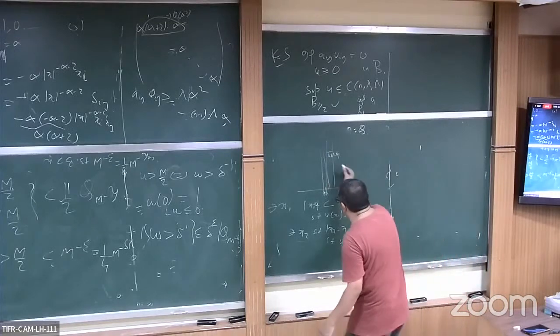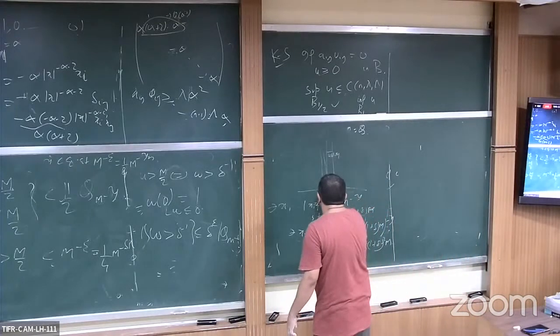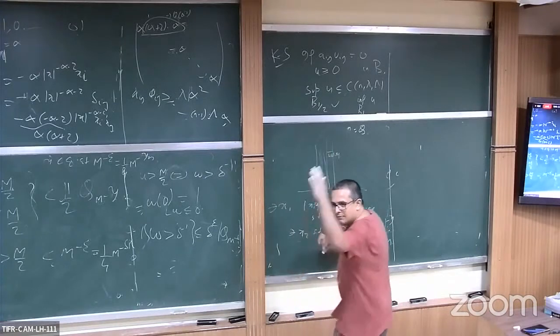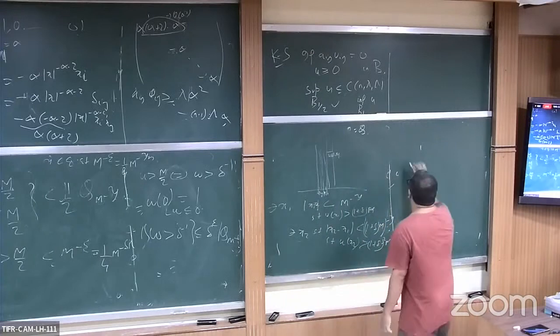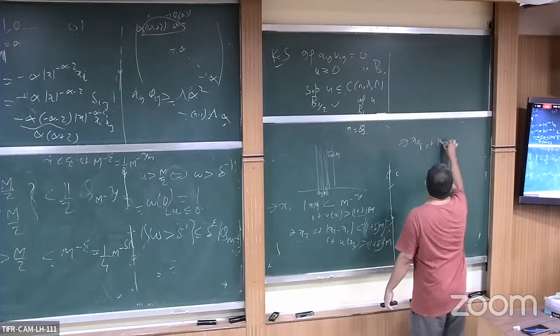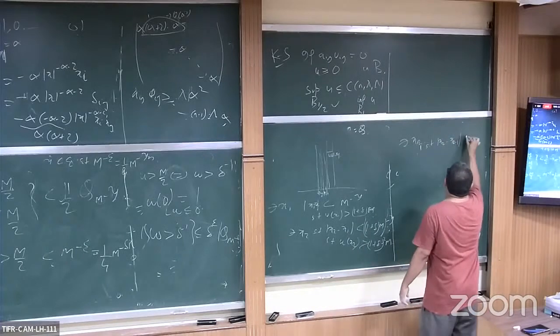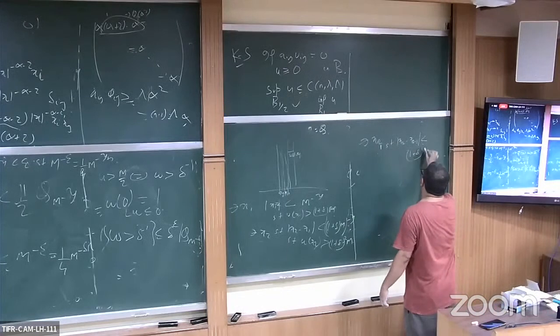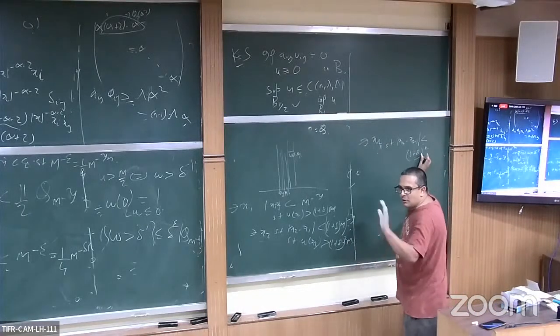Again I go to x2, which is somewhere in this narrow cube over here. Then again I can find an x3, and I can repeat the procedure. If I go one step at a time, I get that there exists xk such that xk minus xk minus 1 is less than or equal to 1 plus delta to the k, or k minus 1, to the minus gamma. Don't bother about k or k minus 1.